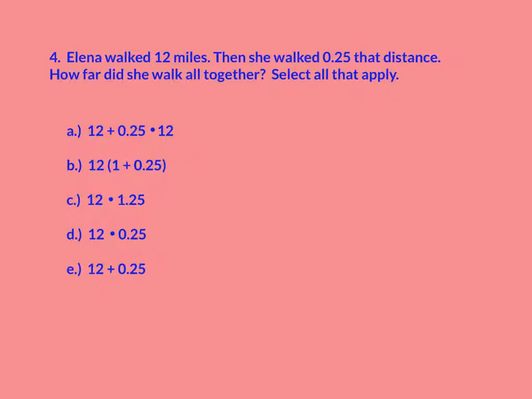Now this is in a decimal form, not in a percent. So if I think about my 100% as being equal to 1 or 1.00 if it makes you happier, that's my decimal, okay? So of those 12 miles, I know that I'm going to have 1 plus 0.25.